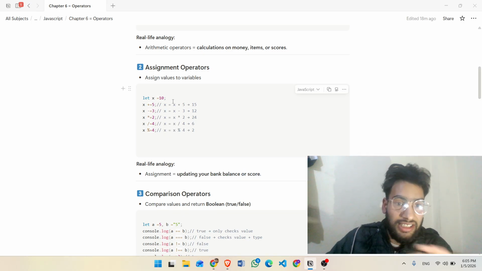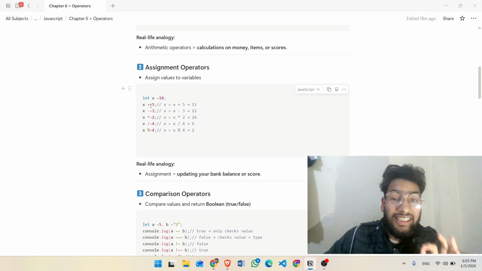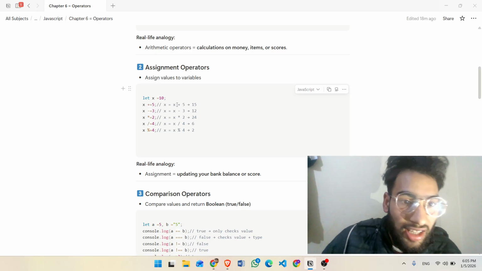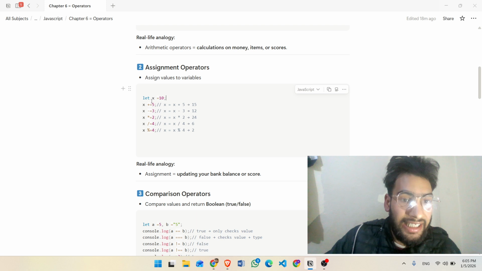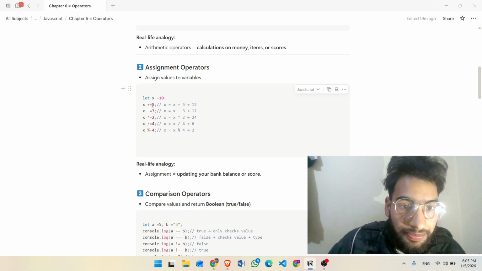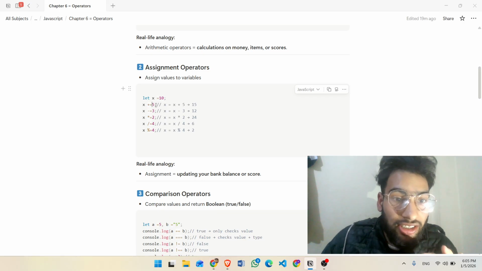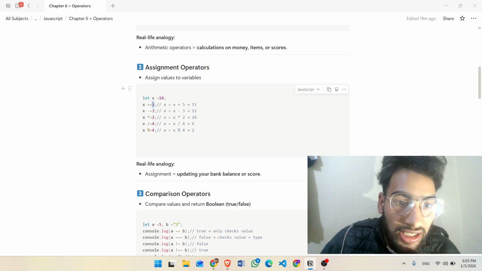So let's see in coding. Let x is equal to 10. Here, when we write x plus equals 5, it adds 5 to the initial value of x.